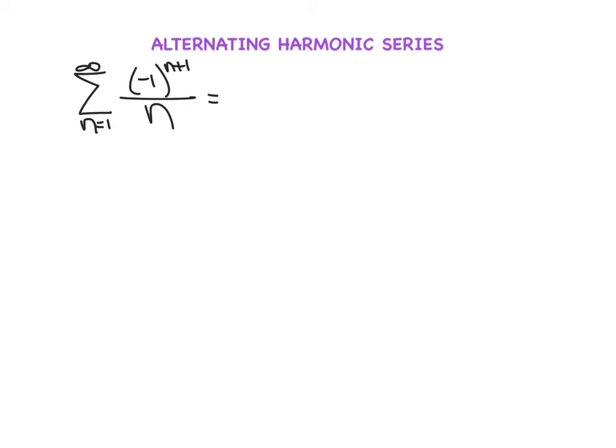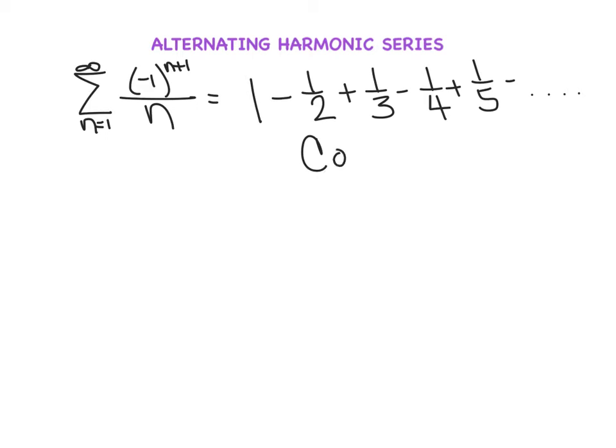As we expand this series, the first term is 1, the second term is -1/2, then +1/3, -1/4, +1/5, and we continue to add or subtract based on that. What we proved last night was that this series does indeed converge, even though the regular harmonic diverged.